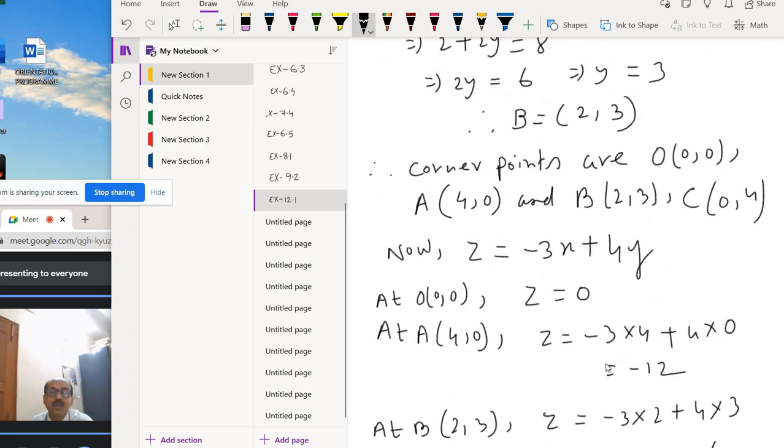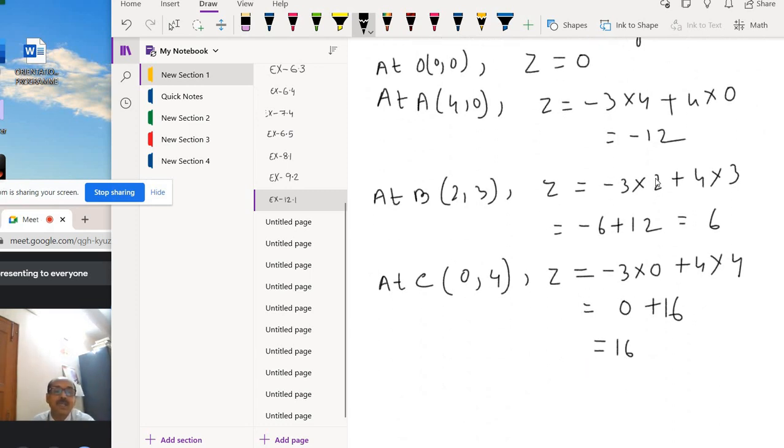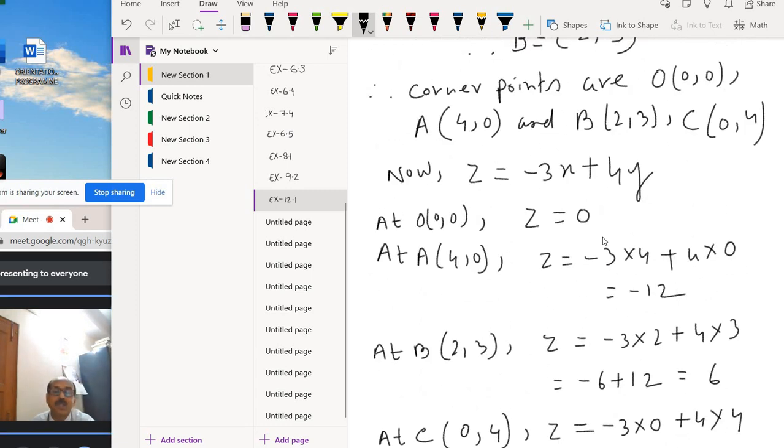Now what is the question? Minimize. So which one is the minimum value? 6, minus 12, 0, 16. Which one is minimum? Minus 12.